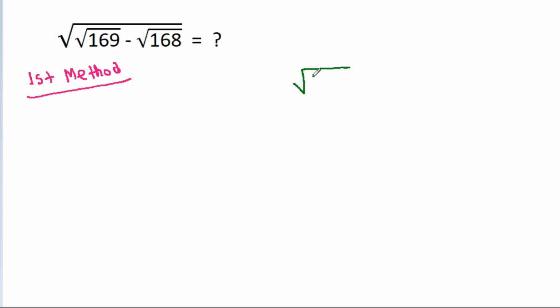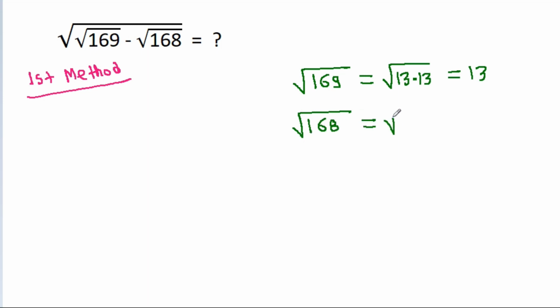The square root of 169 is the square root of 13 times 13, that is 13, and the square root of 168 is the square root of 4 times 42, which is the square root of 4 times the square root of 42, and the square root of 4 is 2, so it is 2 times the square root of 42.